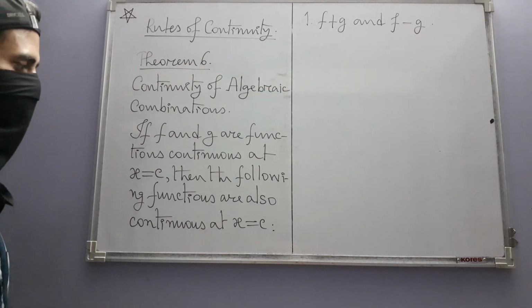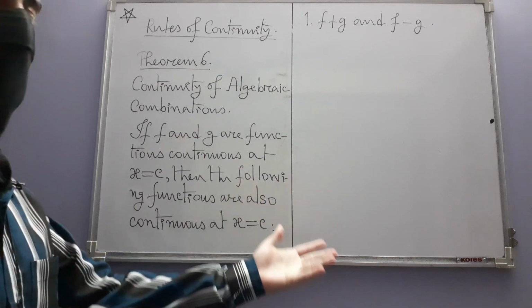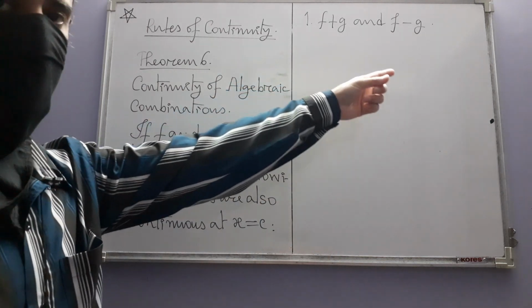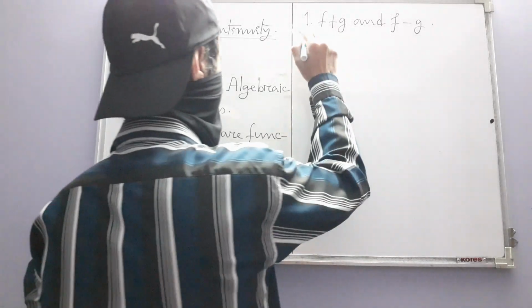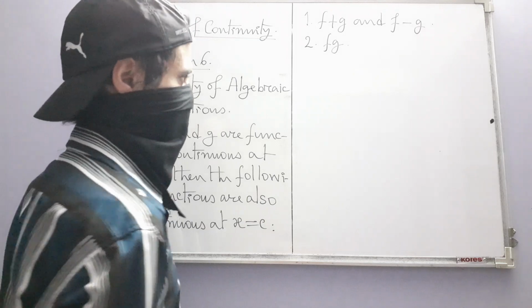So the sum of two functions which are continuous at c is also continuous at c, and so is their difference. Number 2, their product is also continuous at c.